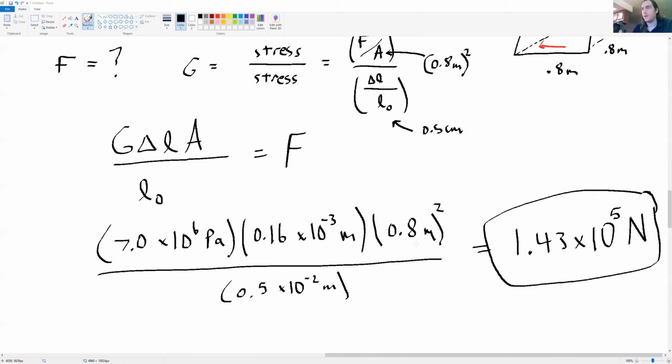Got that part. And then divided by half a centimeter, so that's like 5 millimeters, so this is going to be 0.005. So this is correct here in my calculator. It should be times 10 to the 5th.